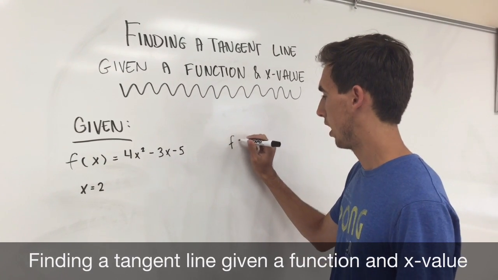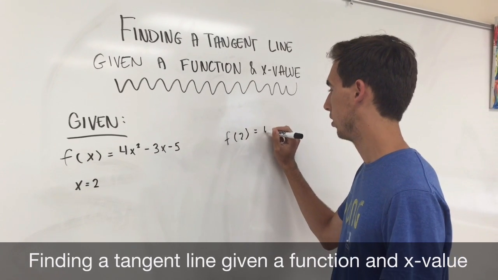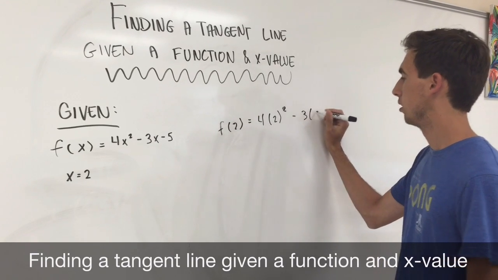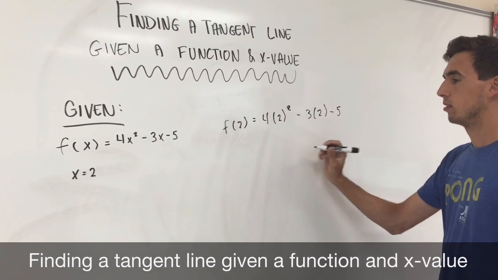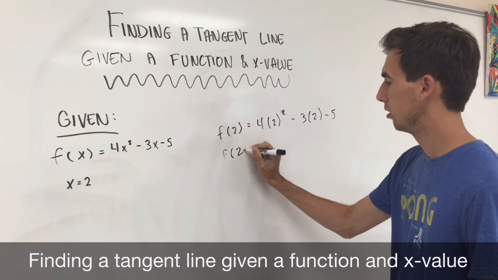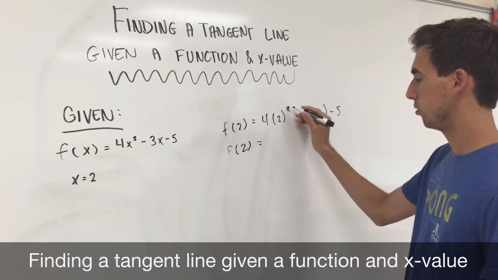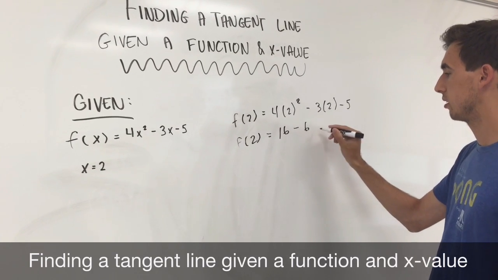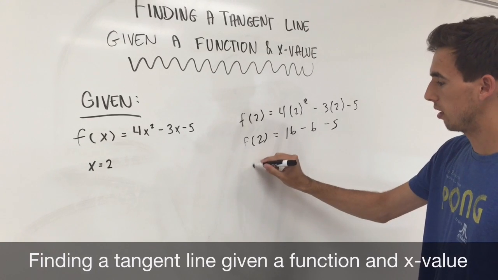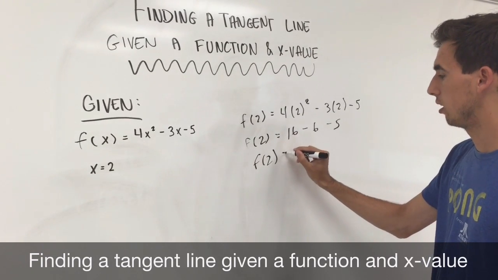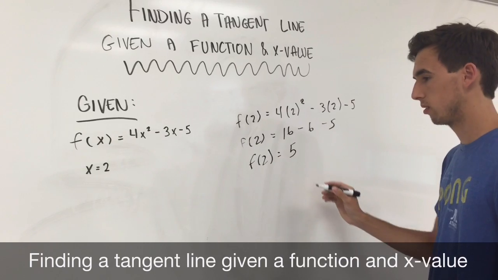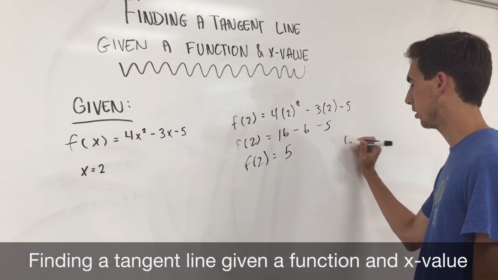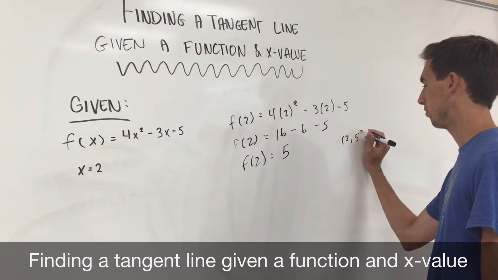So f of 2 equals 4 times 2 squared minus 3 times 2 minus 5. 2 squared is 4, 4 times 4 is 16, 16 minus 6 minus 5, so f of 2 equals 5. Now we've calculated our y value, so our point is (2, 5).